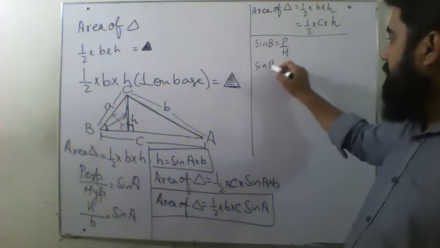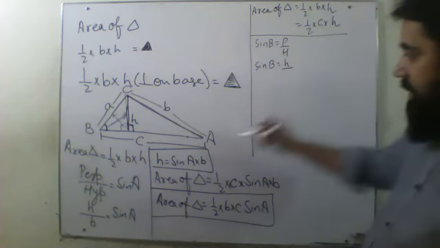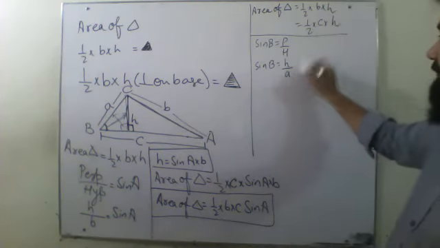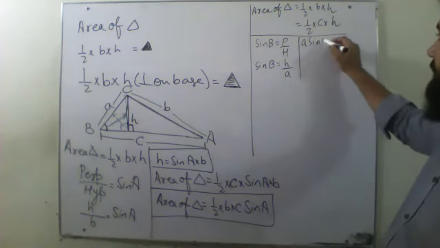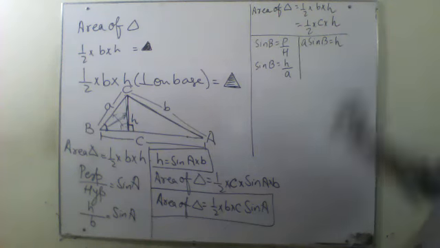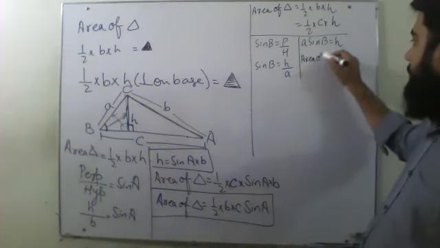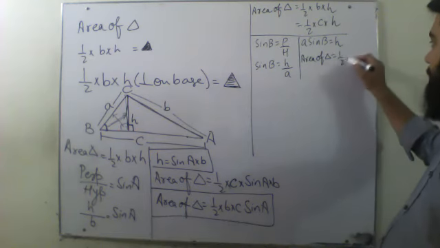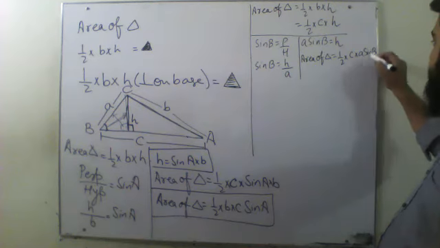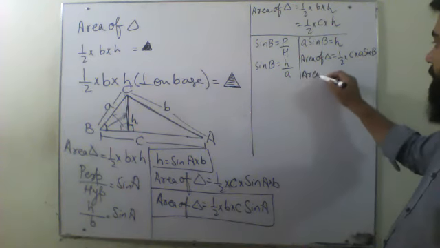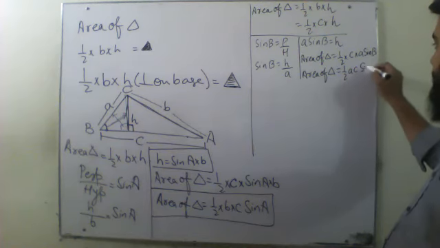Your perpendicular is H, and your hypotenuse is A. When I simplify, A sine B equals H. Plotting it over here, area of triangle equals half into C into A sine B, or area of triangle equals half AC sine B.